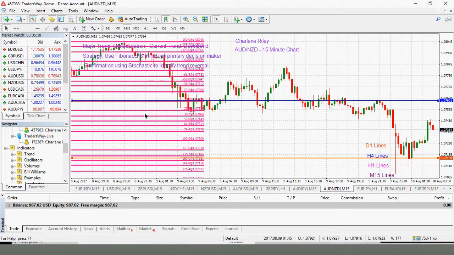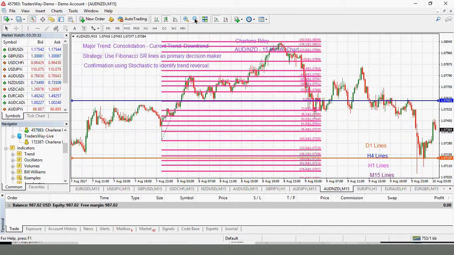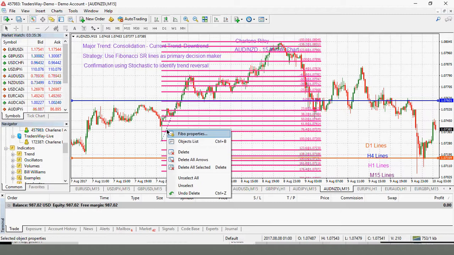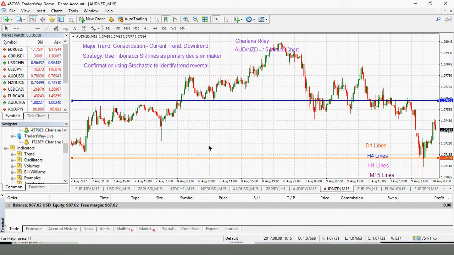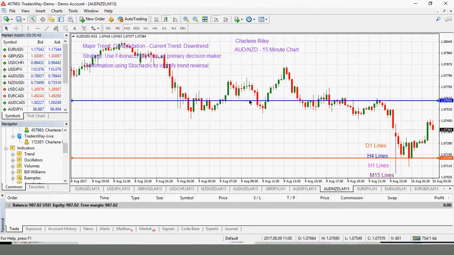Ooh, I've got some expired fib lines here, so let's get rid of those. And we're going to start fresh. So we have a high over here and a low over here.